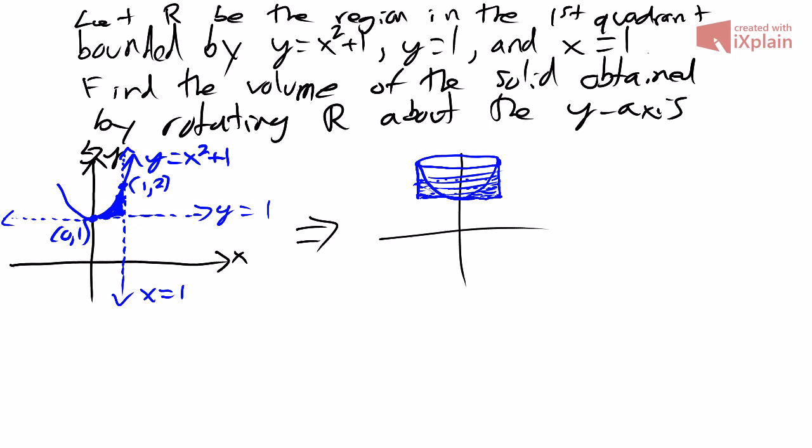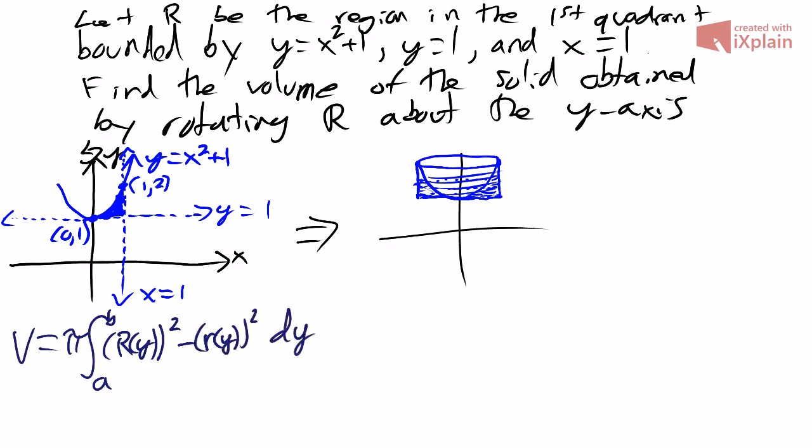All right, so we're going to need our formula for the washer method, and it's a vertical axis, so this is going to be a dy integral. So volume equals pi times the integral from a to b, keeping in mind a and b are y values, of capital R of y, the large radius, squared, minus the smaller radius squared, dy.